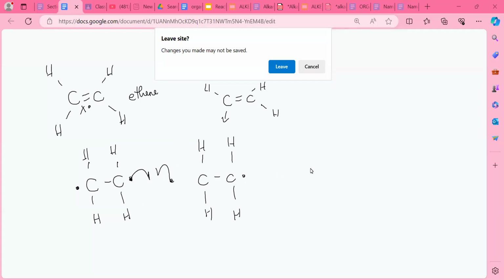So when ethene is linked together, if I'm combining these monomer units, I will have this, with an electron over there for further addition. Clear?